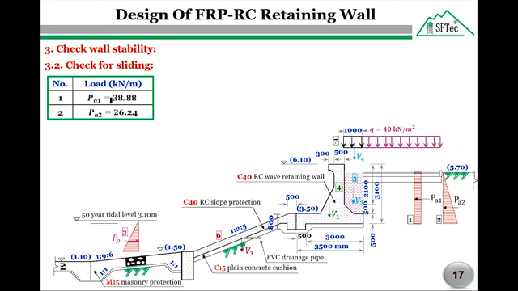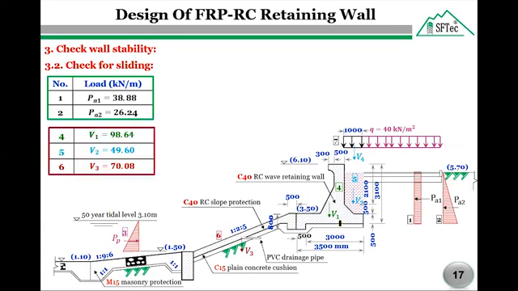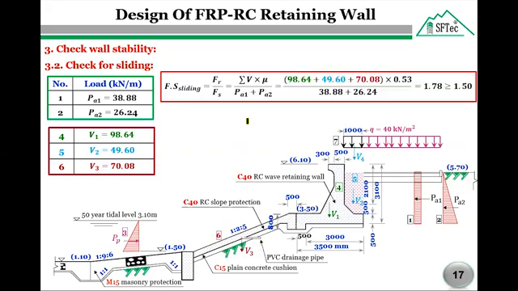The lateral loads P active 1 and P active 2 tend to slide this wall, while the vertical loads V1, V2, and V3 of the slope protection tend to resist the wall sliding. The factor of safety for sliding equals the resisting force over the sliding force, which is greater than 1.5. So the wall is safe against sliding.